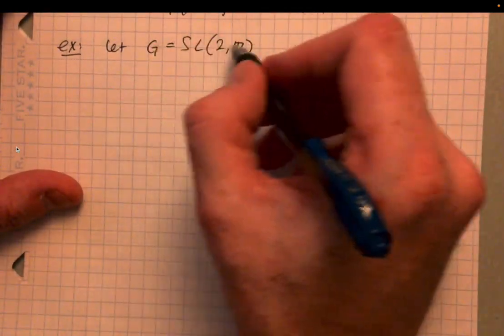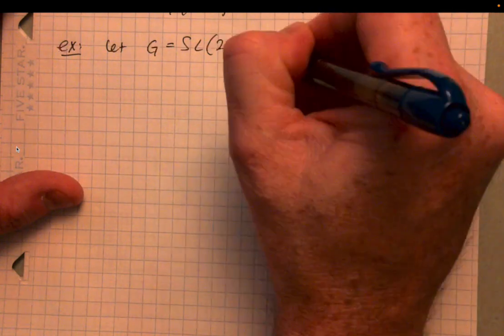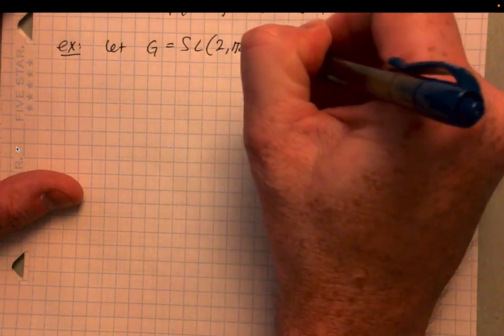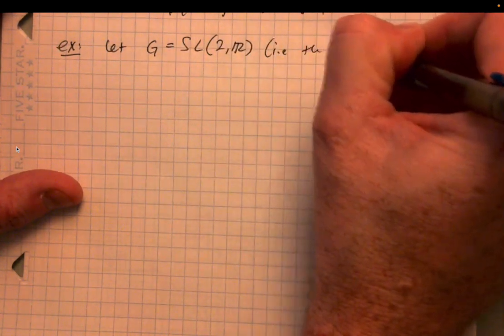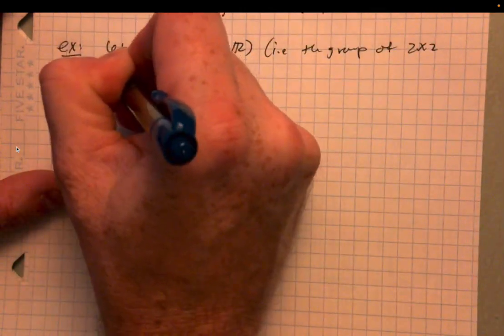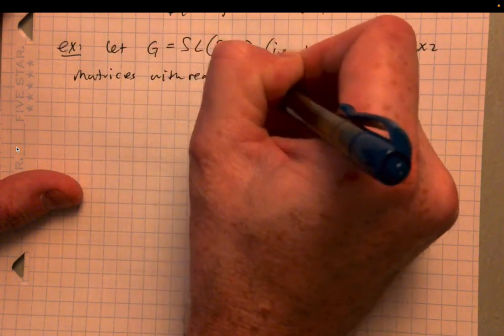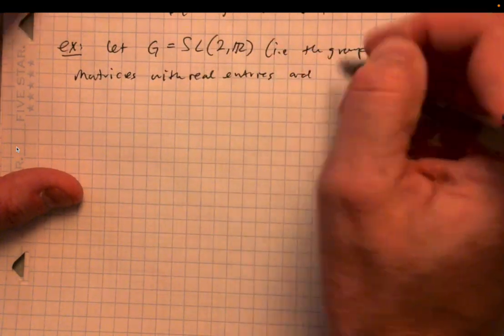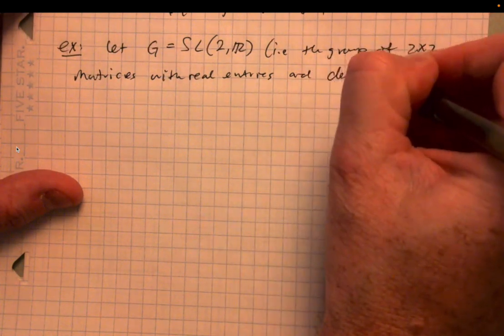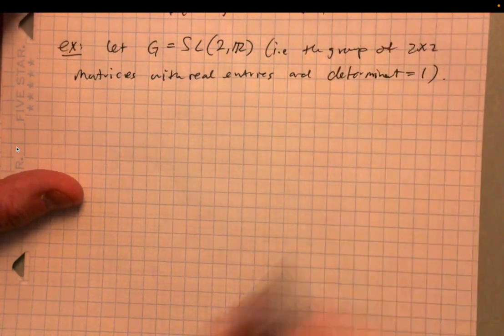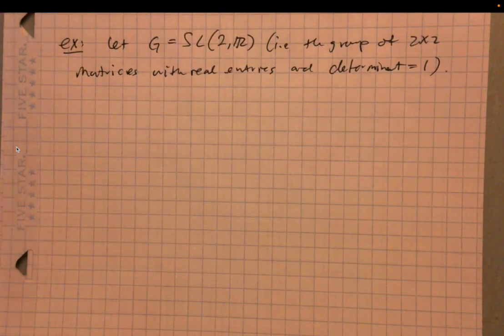So G is SL2R, and I'll write this as the group, i.e. the group of 2 by 2 matrices with real entries and determinant equal to 1. So kind of a complicated group, but basically 2 by 2 matrices that, when you calculate the determinant, it's equal to 1.